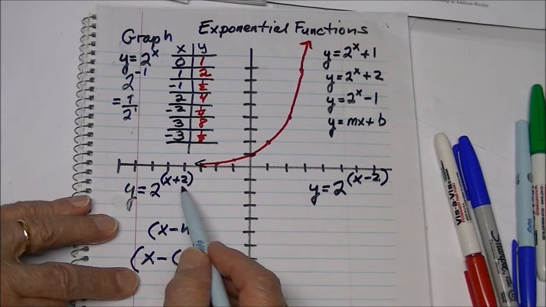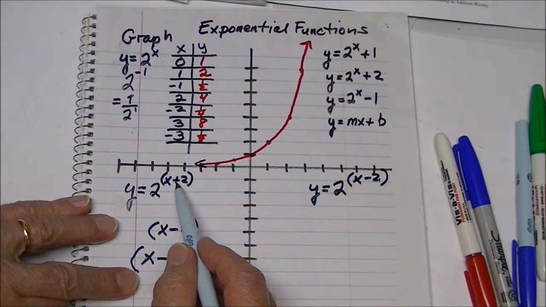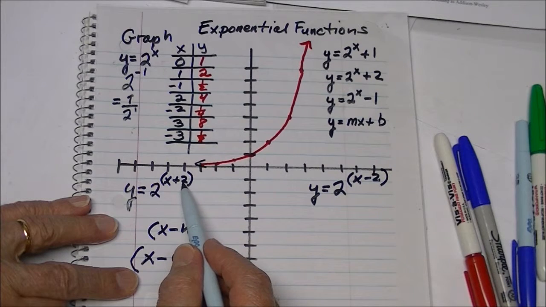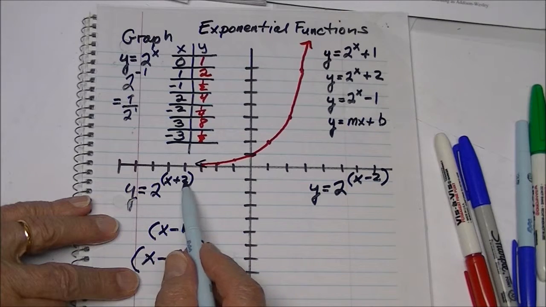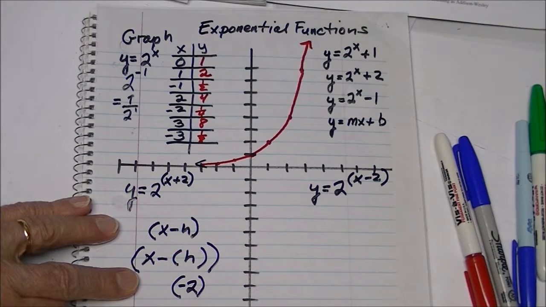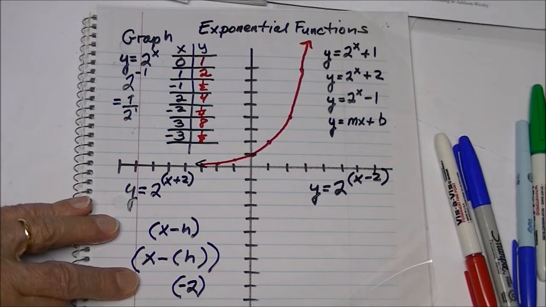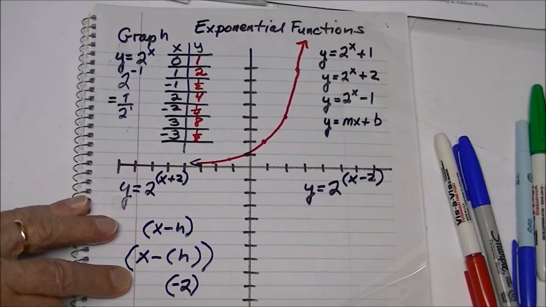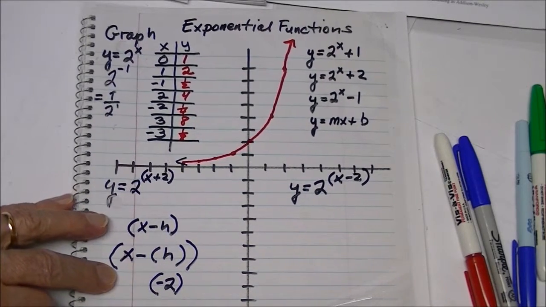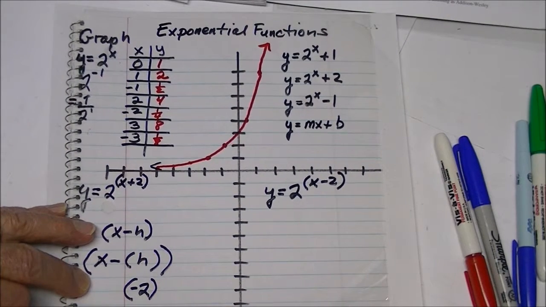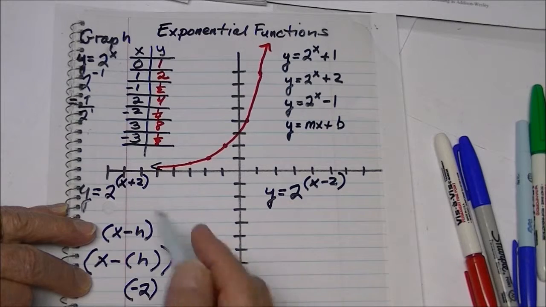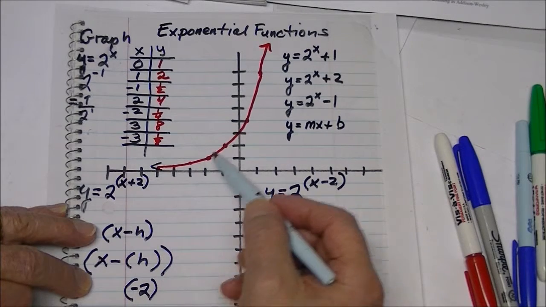So there's kind of a shortcut. When it's in a parenthesis like this, you take the opposite sign for whatever is there, and then you move it accordingly. So if it's a plus 2, you're going to move it over 2 units this way. So there's 1, and now there's 2. So this graph now is that.